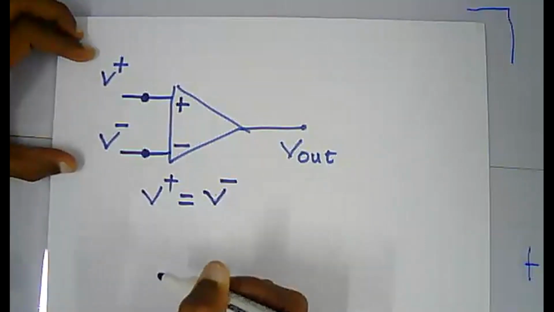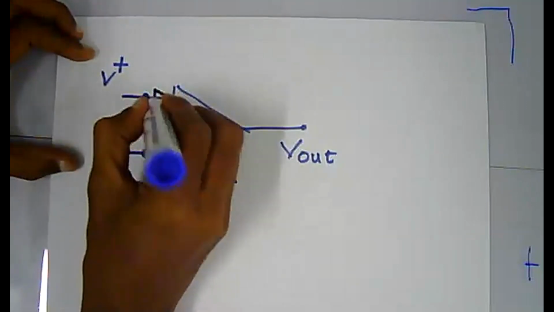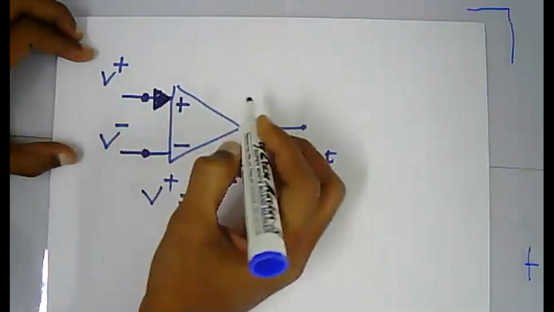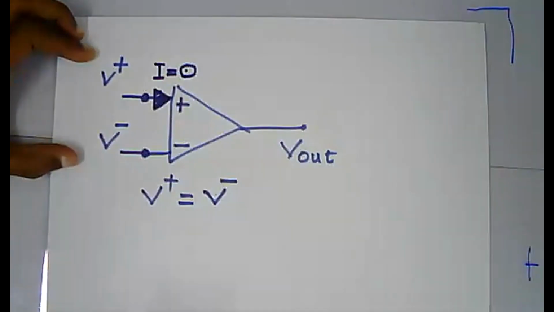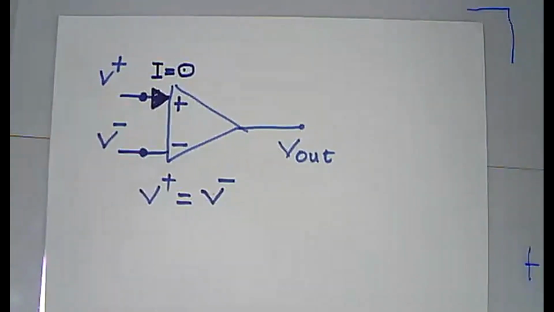The second golden rule is that the current going inside the operational amplifier, or the current drawn by the operational amplifier, is always 0. In other words, the ideal operational amplifier does not draw any current from the external circuit.